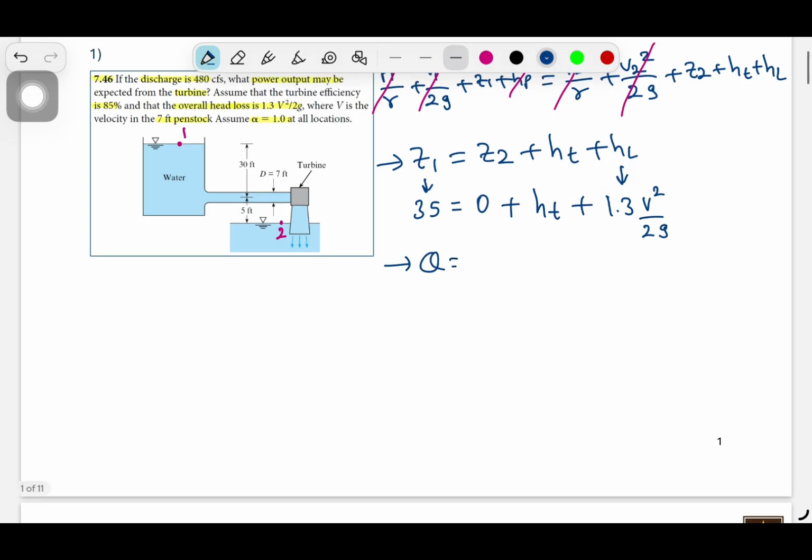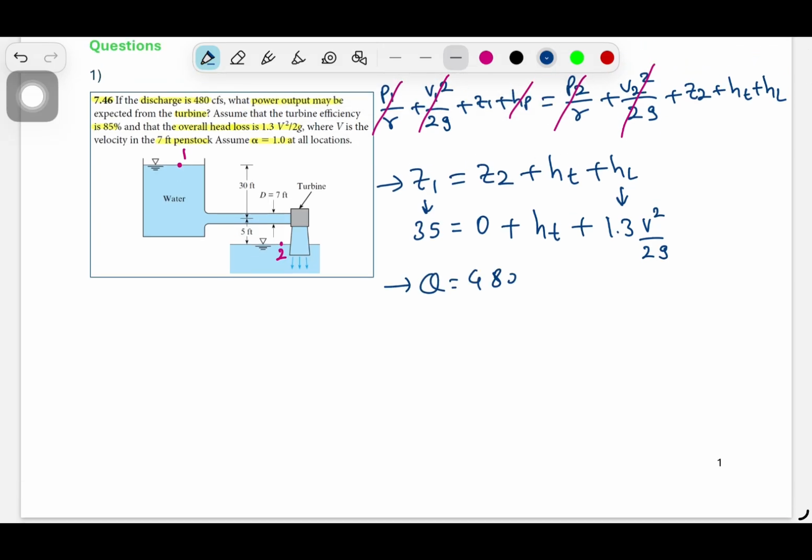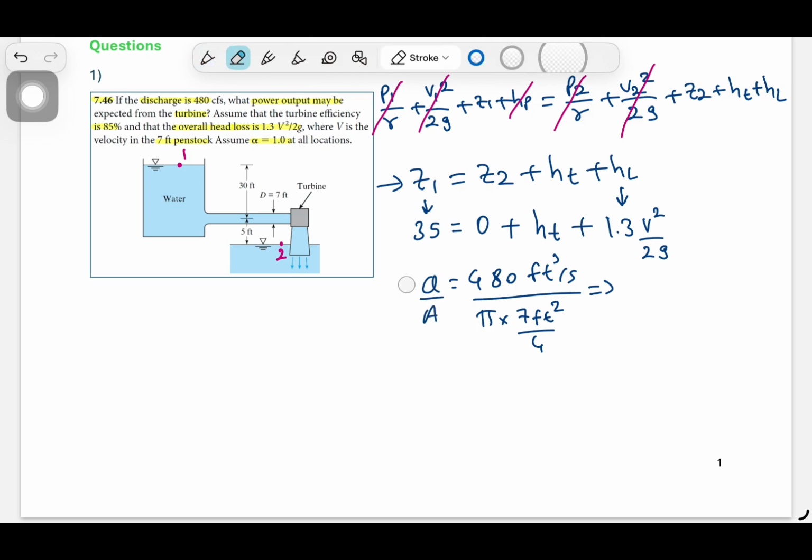So Q is 480 cubic feet per second, and the area is pi times 7 feet square over 4. So from here, velocity is 12.47 feet per second.